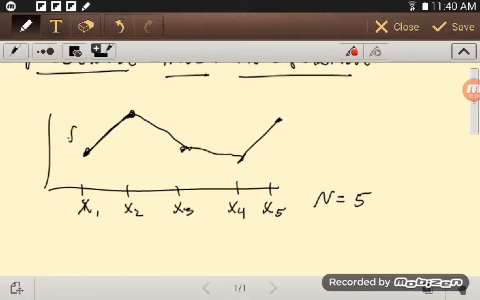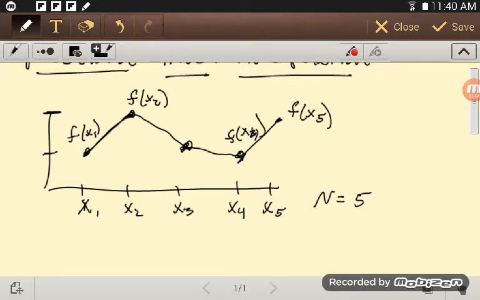So we can go with f of x1, f of x2 is that height there. These are the heights, and so forth, f of x3, f of x4, f of x5.